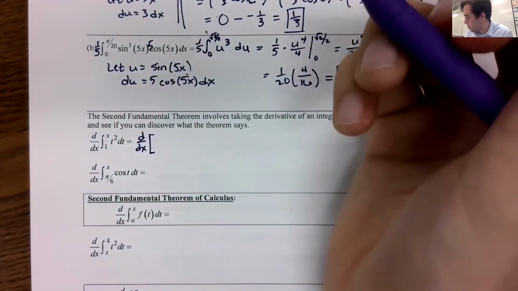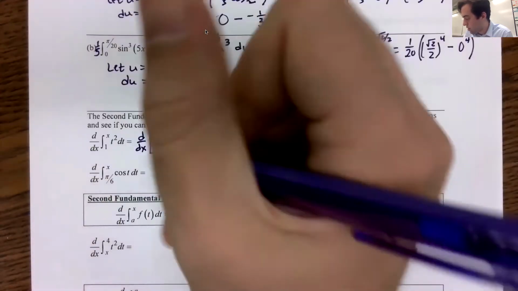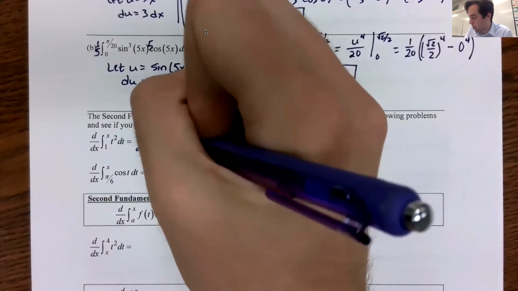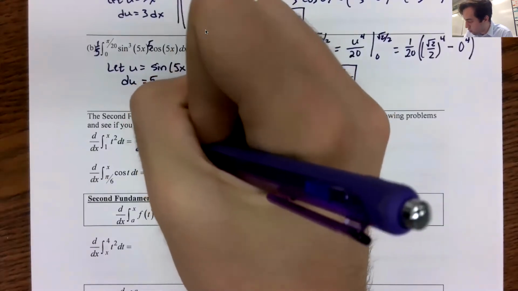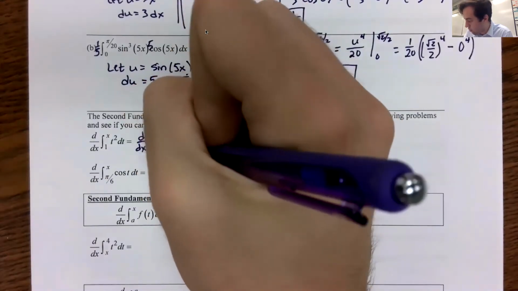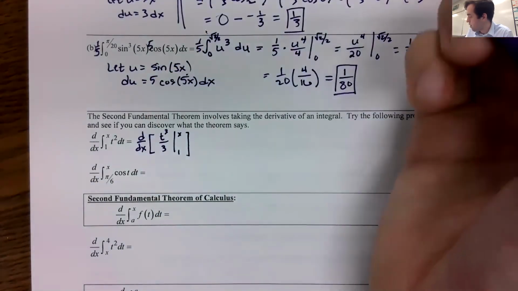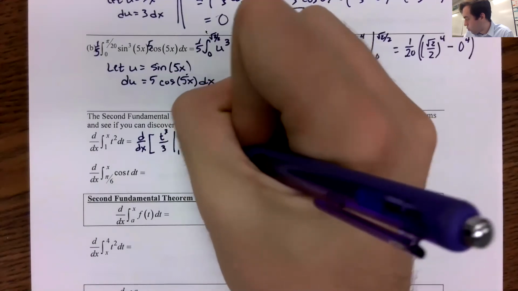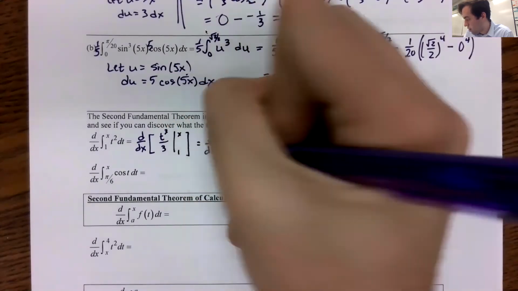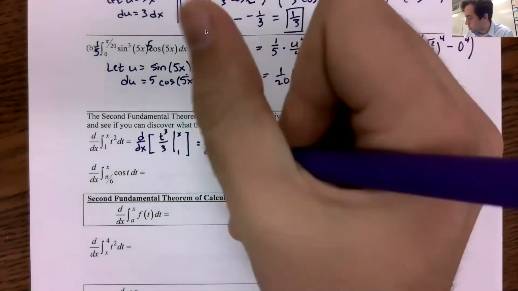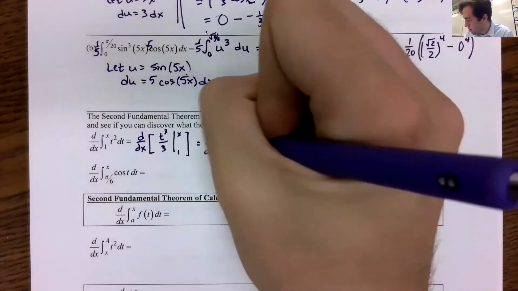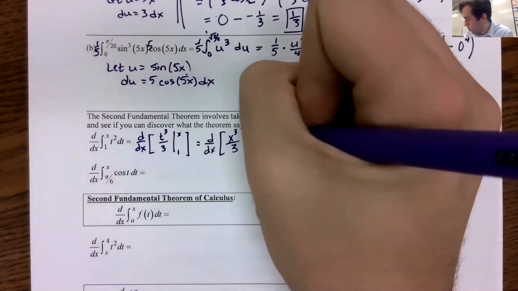So we're going to be taking the derivative of the integral of t squared. If we integrate that, we're going to get t cubed over 3. We have to evaluate that from 1 to x. And so we're going to end up with x cubed over 3 minus 1 cubed over 3.